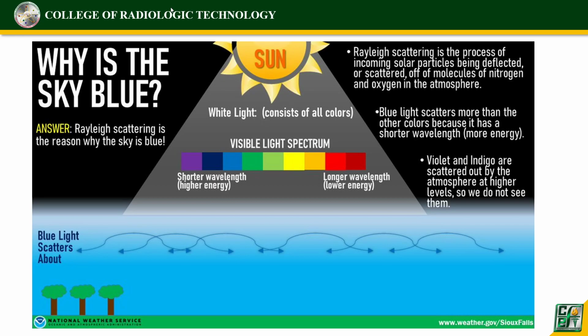At the same time, violet and indigo in the visible light spectrum are almost at the edge, the boundary of being invisible. So that's the reason why our skies are blue. Rayleigh scattering.